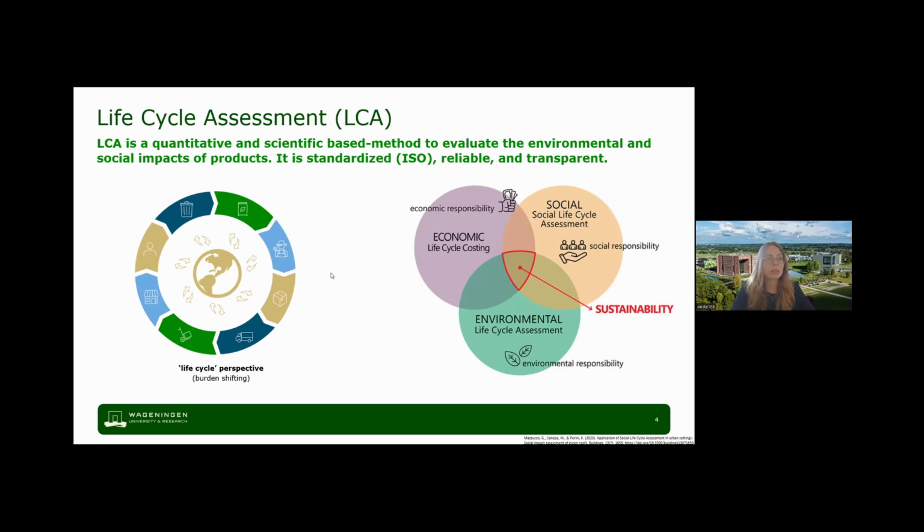So in this project, we applied it for the environmental and the social impacts. And we focused on the first part of the life cycle. So we call it from cradle to farm gate, because the main focus of the Eco-Ready project is on identifying hotspots in the farming stage, let's say.